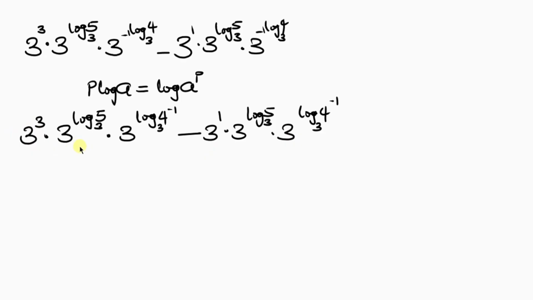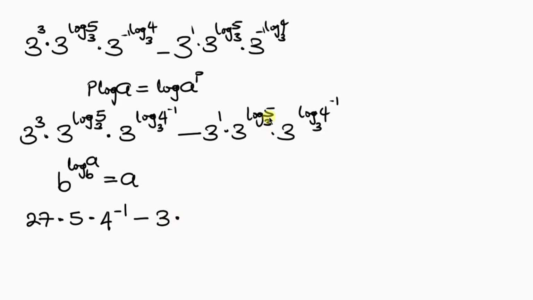Then I'm going to be applying the law of logarithm that says when I have b to the log of a base b, so long as this base and this base are the same, the result will be this number a. 3 to the 3 is 27 times, the base here and the base here are the same, so the result will be 5 times 4 to the negative 1, minus 3 to the 1 is 3 times 5 times 4 to the negative 1.